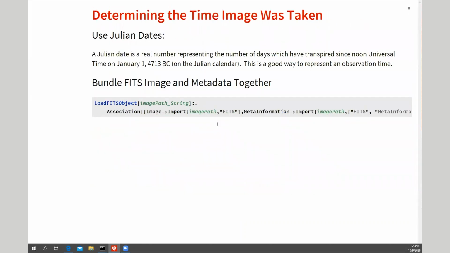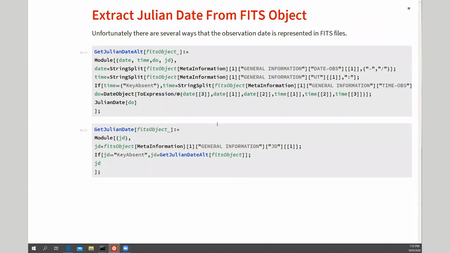And then finding out when the image was taken sometimes requires a little more work than you might think. FITS files tend to have Julian dates in their metadata, and Julian dates are ideal for doing this because it's basically a floating point value which determines the actual number of days since January 1st, 4713 BC in the Julian calendar. So we can bring this data into Mathematica.